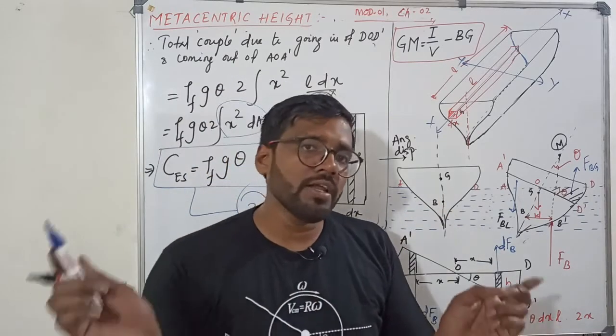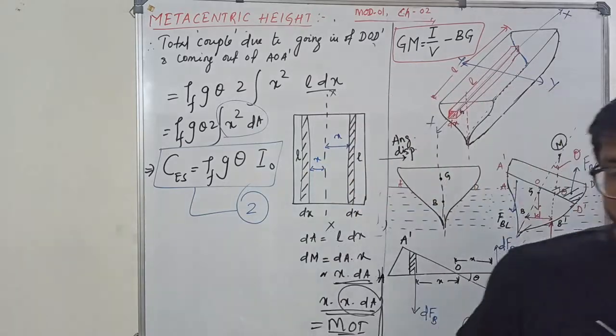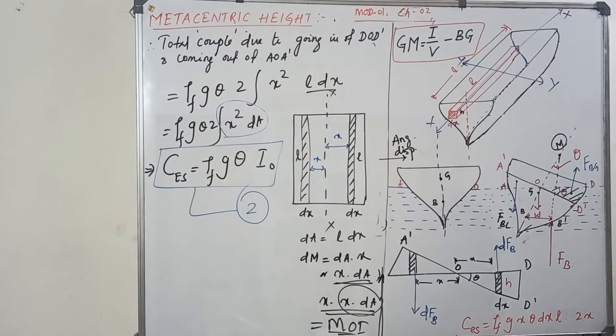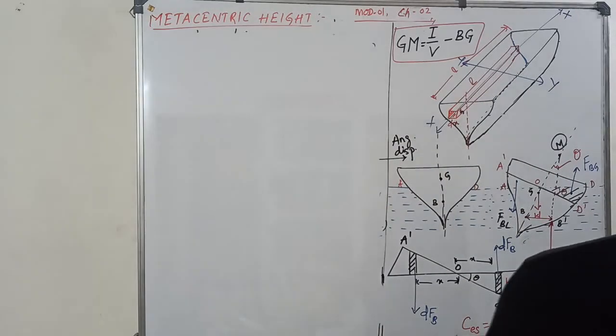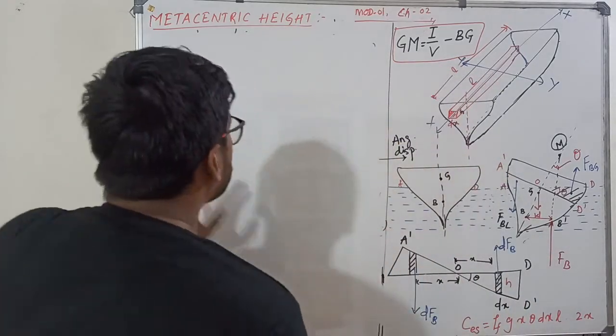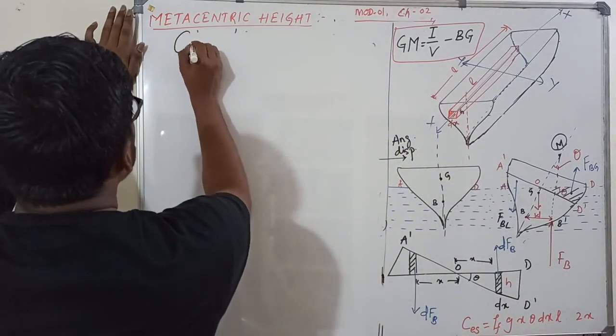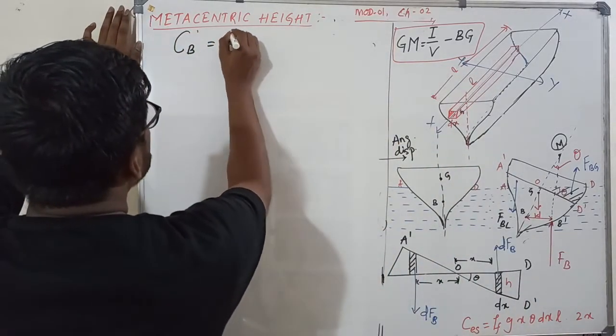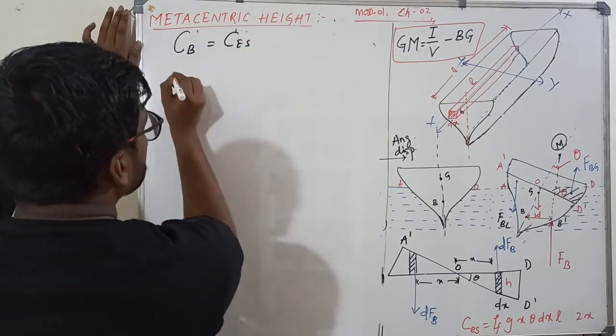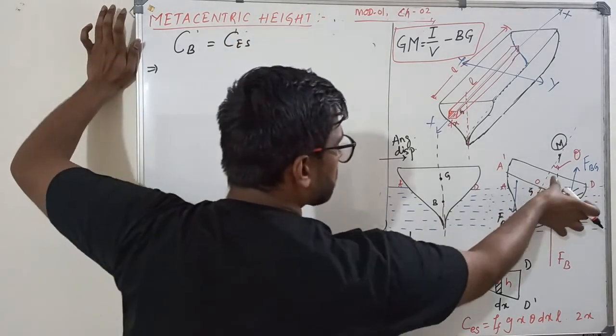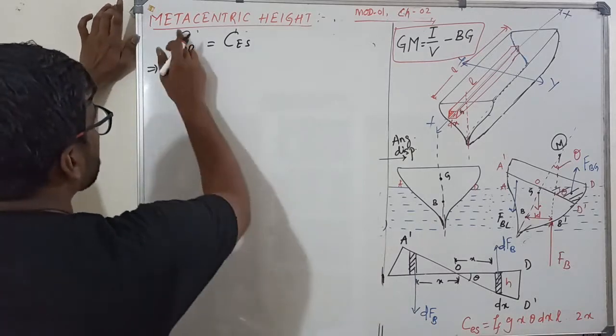Now equation 1 and equation 2 we are going to balance. Again note it down. Balance your equation 1 and equation 2. That is, the couple due to your buoyant force is equal to the couple produced because of the elementary strip, that is the total wedge we took.